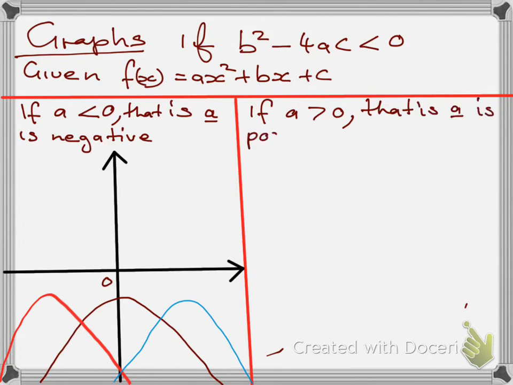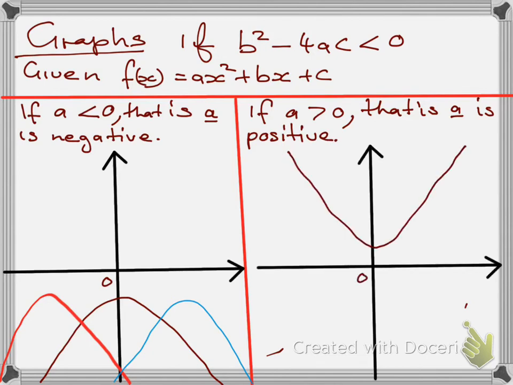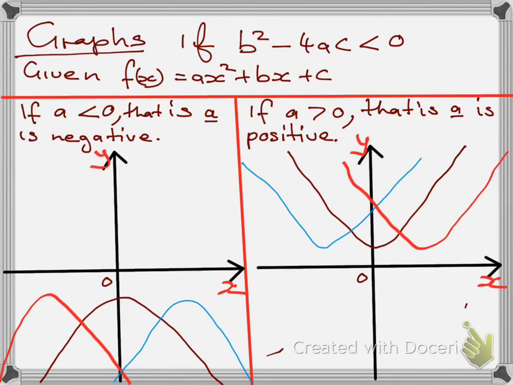If a is greater than 0, there is a local minimum or turning point, and the graph is suspended above the x-axis. In both cases, when our determinant is less than 0, the parabola does not touch or cross the x-axis. This is our x-axis and this is our y-axis. So there are no x-intercepts.